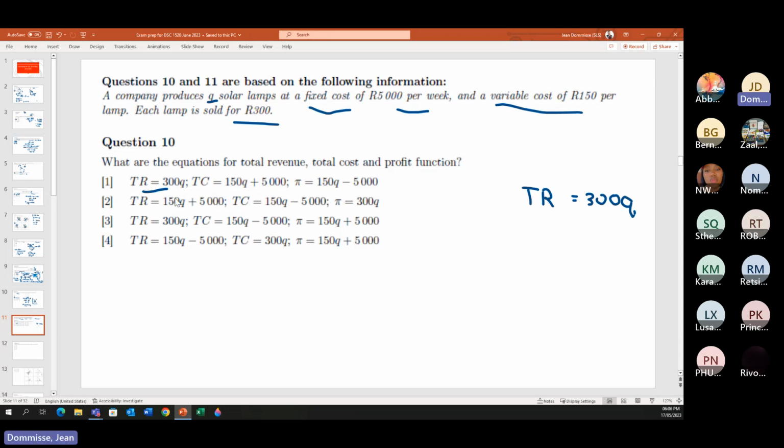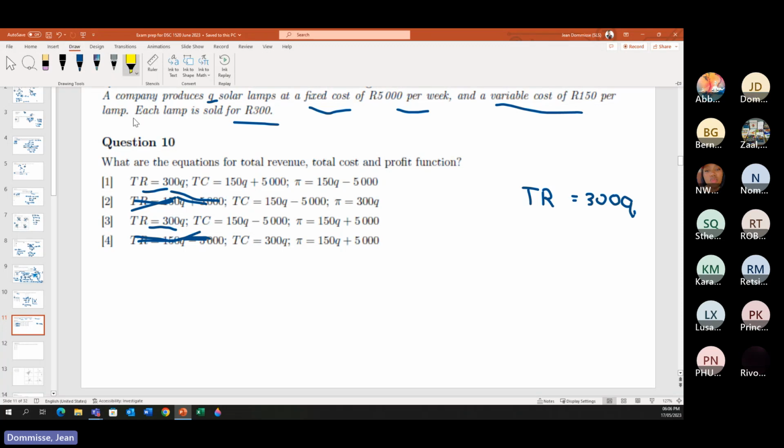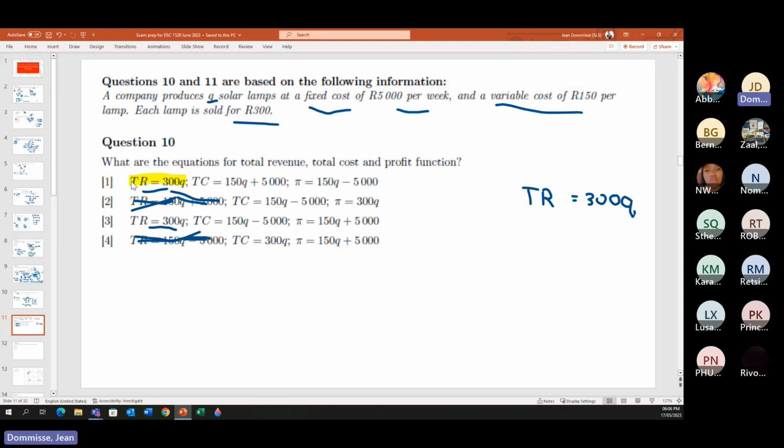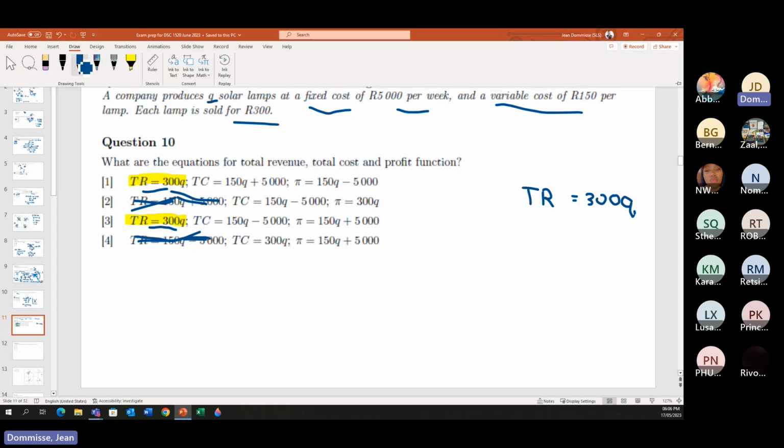Total revenue of 150, no. Total revenue of 300 can happen. Total revenue of 150 minus, nope. They actually want to confuse us with other formulas in there. So at this stage, we basically have that one and that one that we can work with.